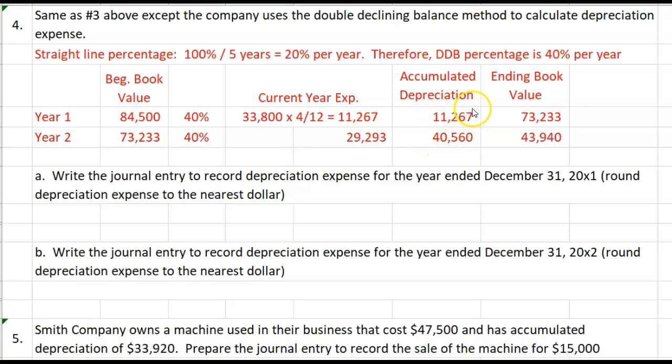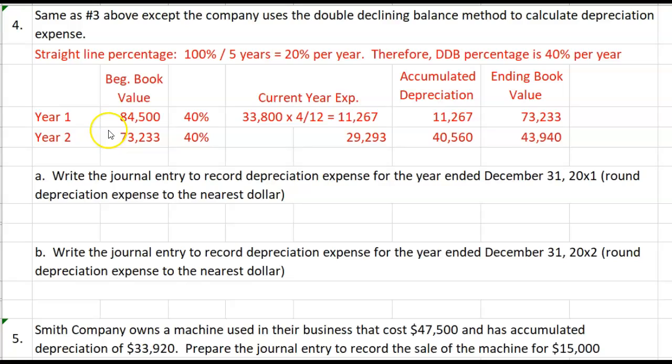That's prior accumulated plus current year expense. And the book value then declines even further. $84,500 of cost minus $40,560 of accumulated equals the ending book value of $43,940. And if we had to calculate year 3 depreciation expense, we would start out with $43,940 in this block right here.